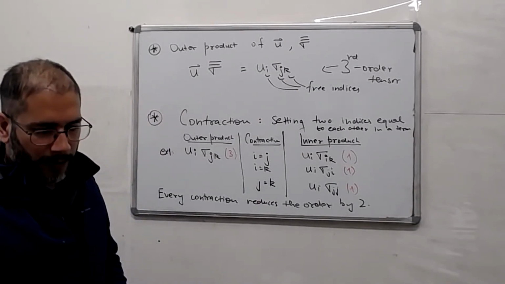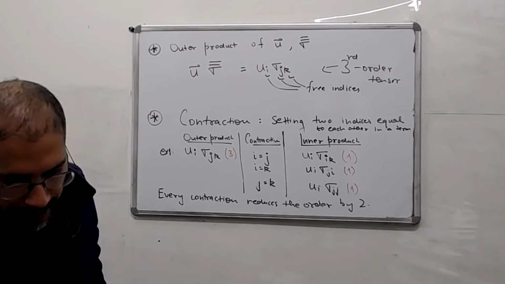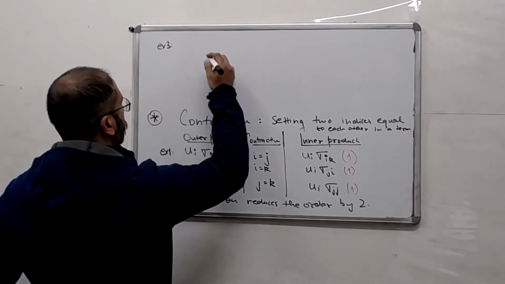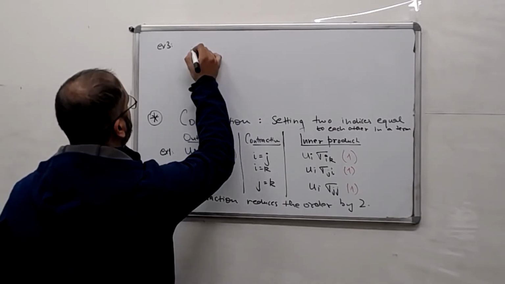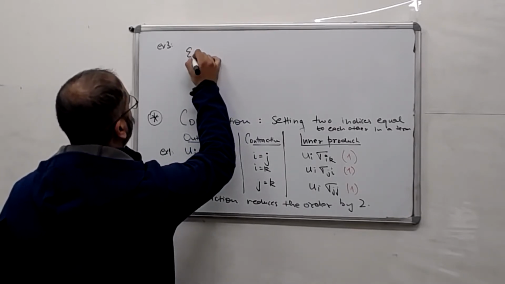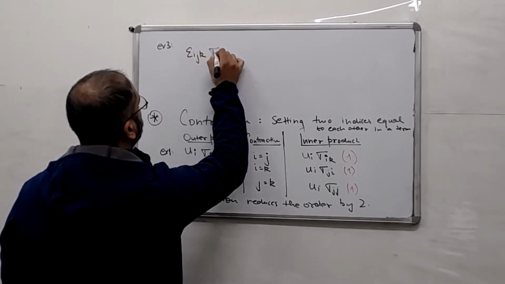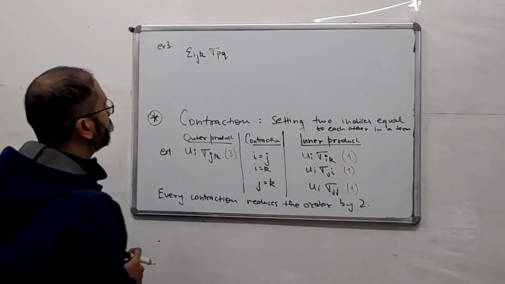All right. Let's take another example which will make things much clearer for us. So the outer product here is say epsilon ijk sigma pq.